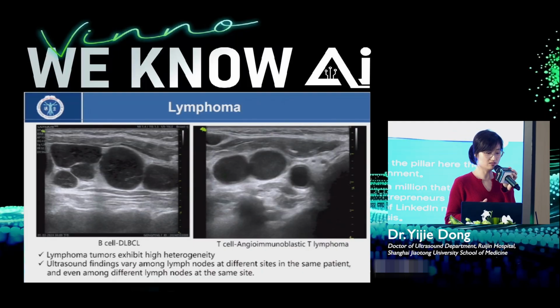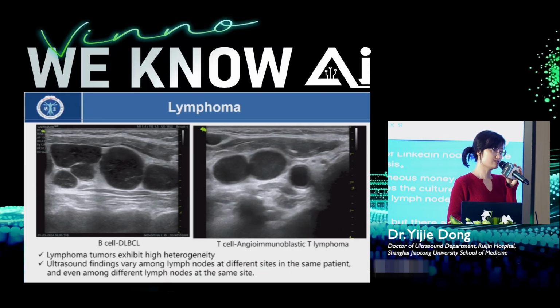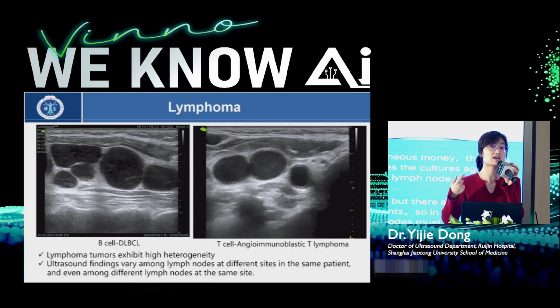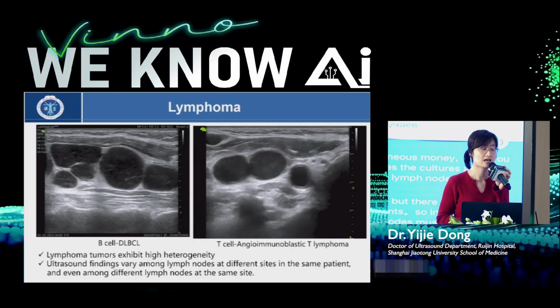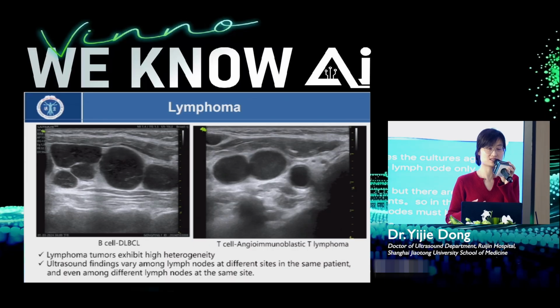Then let's talk about lymphoma. Actually, this is a real clinical disease in some institutions, I think, but in our institution, we have a lot of cases. Each year I have to do at least 700 cases of biopsy of lymphoma, I mean not only diagnosis, but also biopsy.